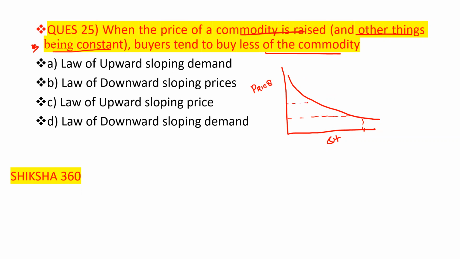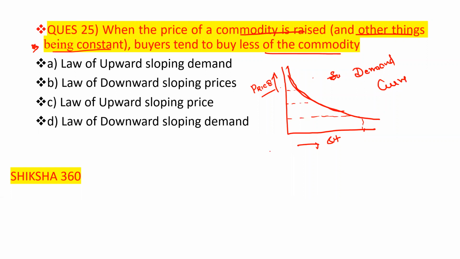When the price is going to rise, less quantity is going to be bought, other things remaining constant. This is the condition of the market demand curve. As the price of the commodity is raised, the price is rising and the quantity is going down.